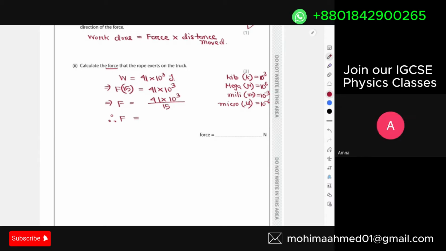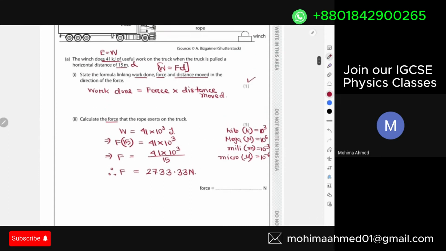2733.33 Newton. The problem is in this kind of equation, the data that they have given, 41 kilojoules, 15 meters, are always in two significant figures.